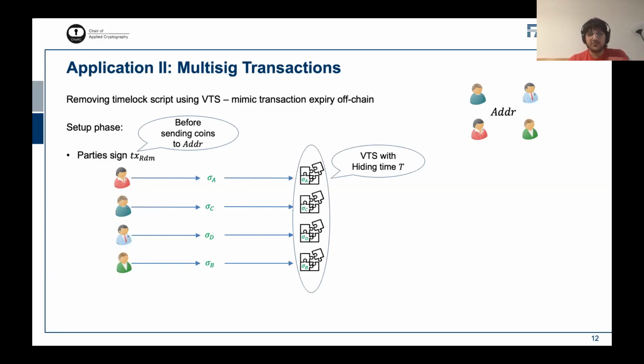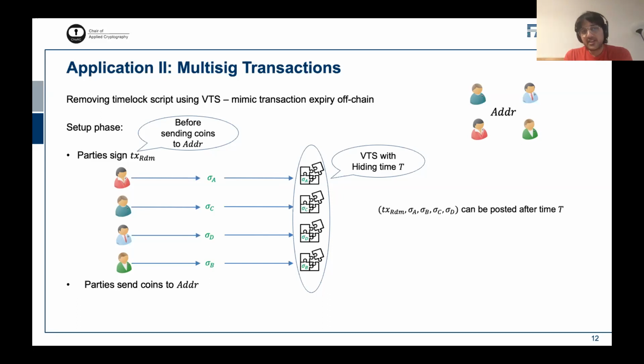You will see why. Okay, and then once this is done, they broadcast this VTS among all the parties. And after this, the parties send whatever coins they have to this shared address. So it's important that the redeem transaction and the VTS is done before the funds are sent to the shared address.